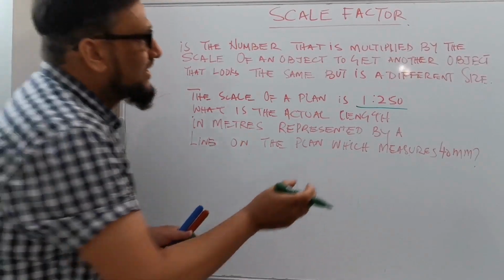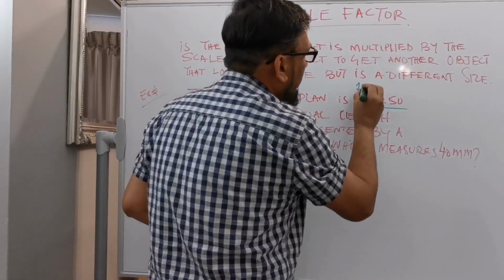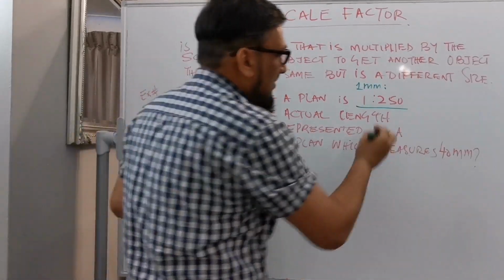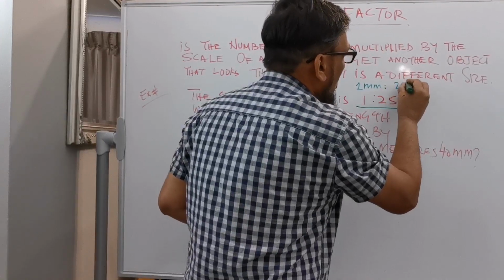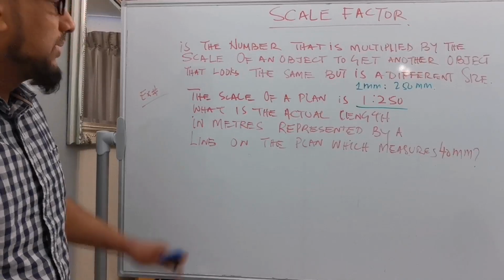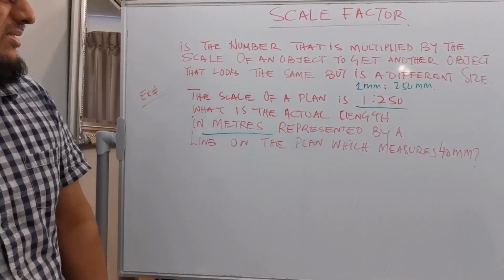They are giving you a scale where 1 millimeter is equal to 250 millimeter, but they are asking for the answer in meters.